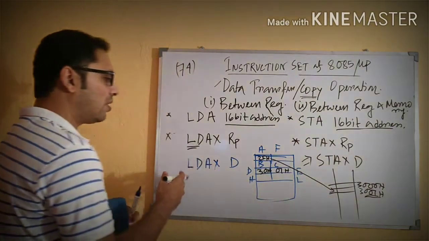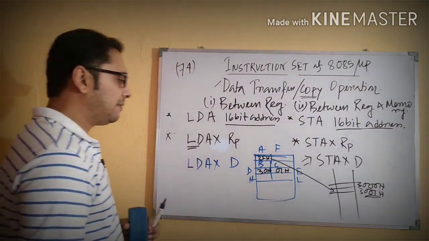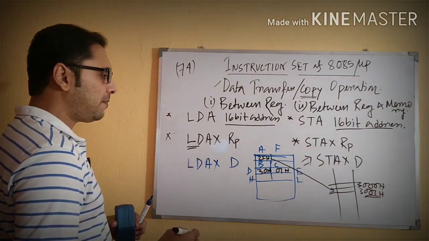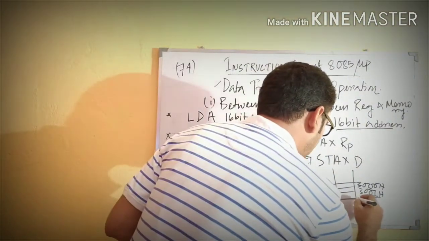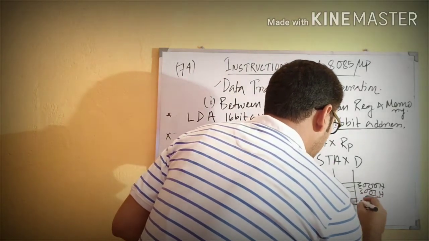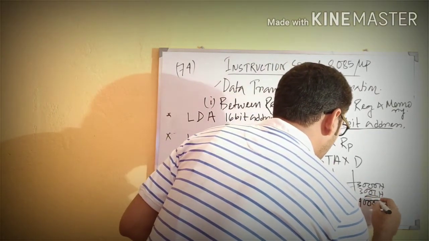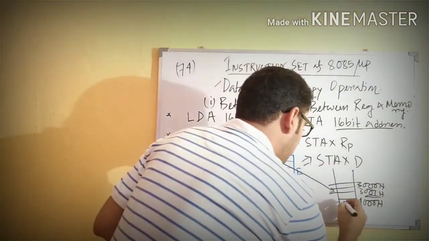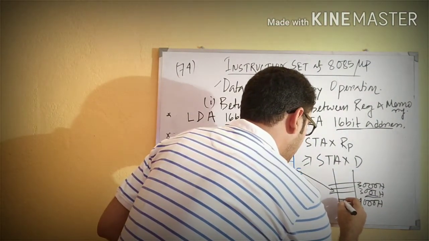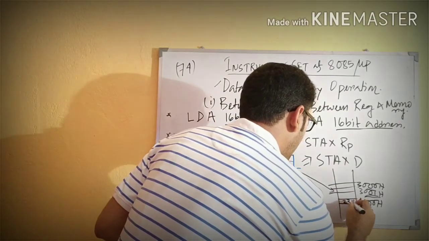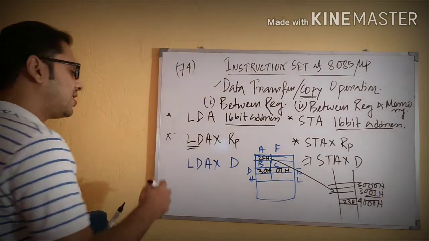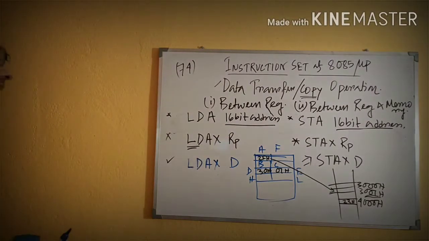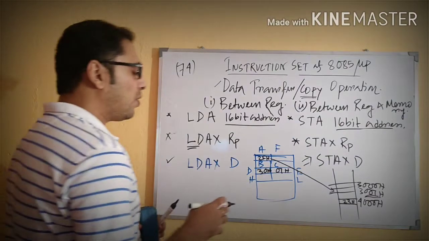So in case of loading, what will happen? The reverse one. Suppose we take another memory location, that is 4000 hex. That memory location holds data. Suppose the data is 23 hex. In this condition, I have written LDAX D. So what is my target?